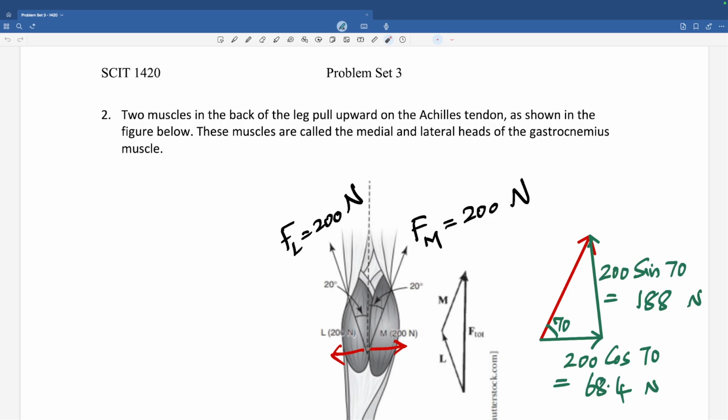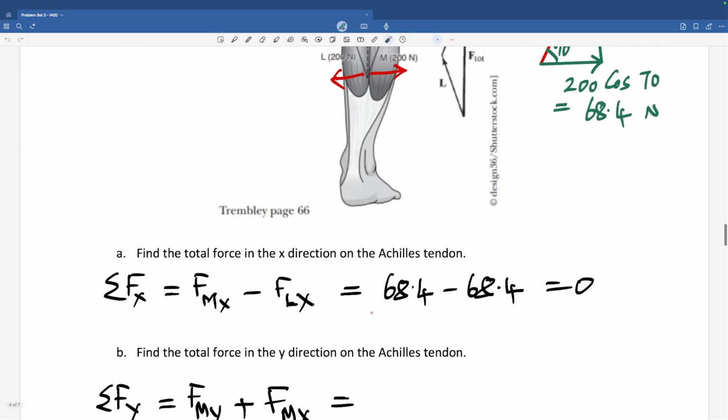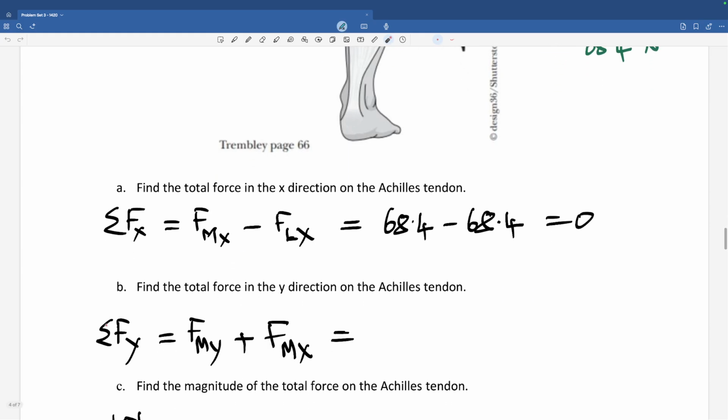But notice that the y components are both up. Therefore, they add up. So the total y component would be 188 plus 188, okay? So that's why you see I've explained the answer to part A. The x components cancel out, but the y components do not.